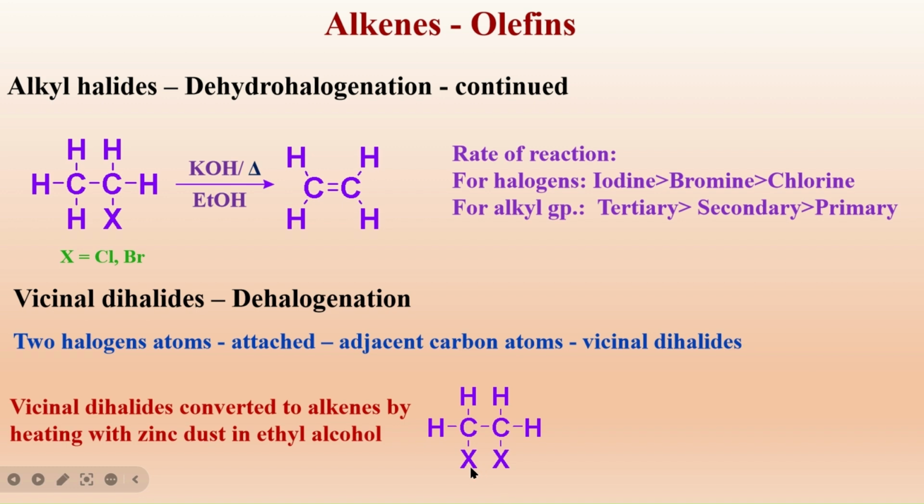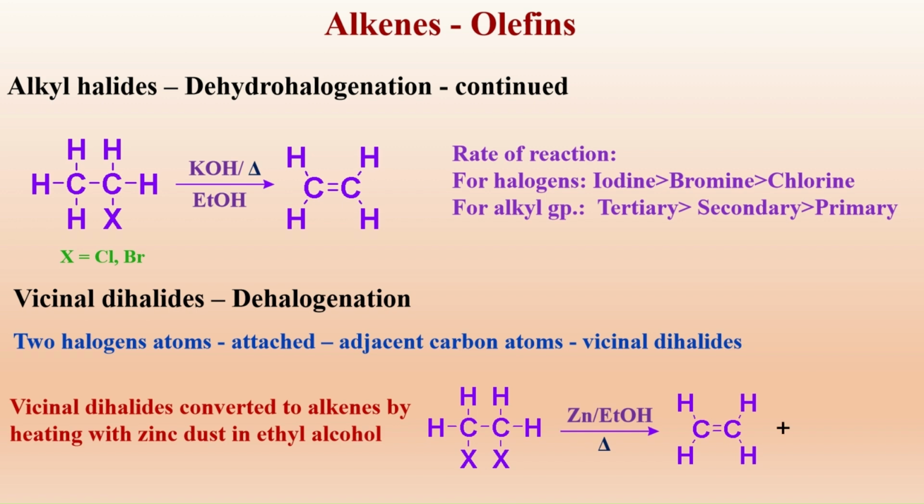X may be any halogen like chlorine, bromine, iodine, or fluorine. When I treat it with zinc dust and ethanol, I get the corresponding alkene. Let us look into the reaction mechanism, how this reaction occurs.